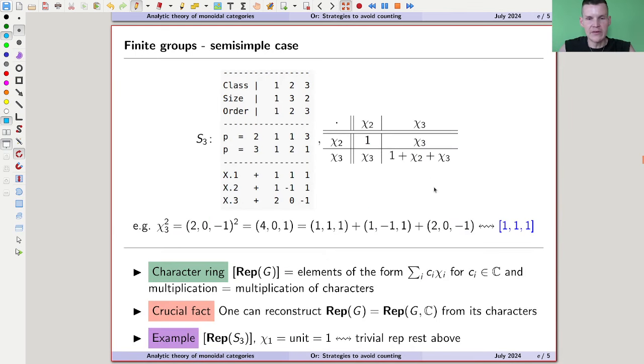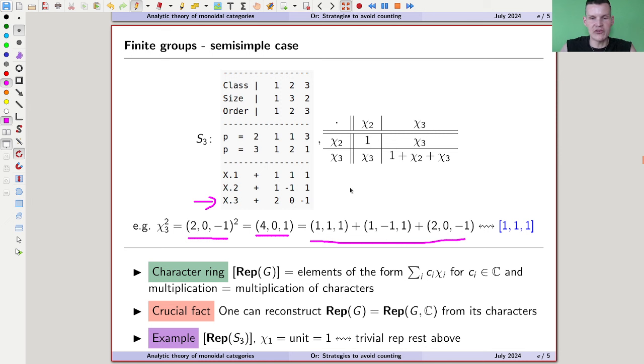Okay, very good. And how do you take a tensor product in the character table? It's really easy. Let's say you take the tensor product of the third representation with itself. Then you just take the corresponding row vector. Here it is. You square it entry-wise. Here it is, right? 2 squared is 4, minus 1 is 1. And then you decompose it in terms of the other appearing things.